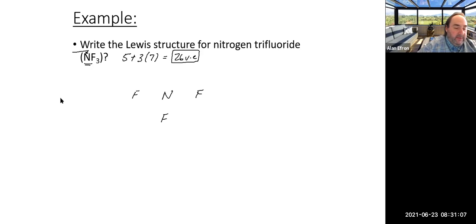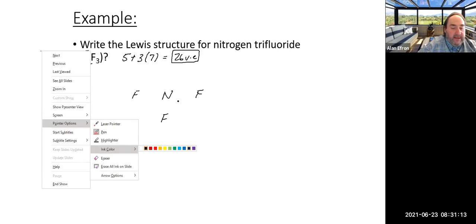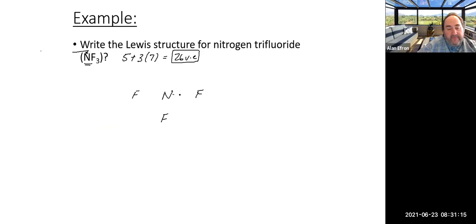Now that I have my total number of valence electrons and my logical arrangement, the first thing I want to do is make a simple single bond from the center atom to each of the outside atoms. You can use dots here or lines. I'm personally going to use lines to show the bonding electrons. At this point, I have used 2, 4, and 6 electrons, which means I should take 6 away, and I really have 20 electrons to go in my picture.